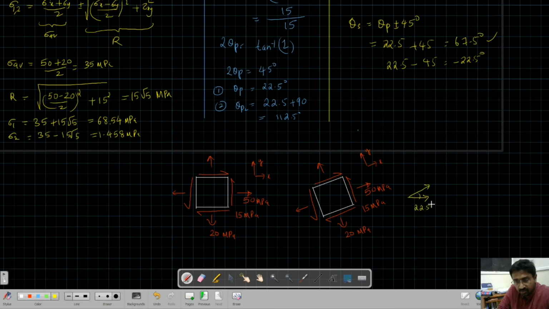This orientation is the orientation for the maximum principal stresses. I will remove the shear because in the principal plane there will be no shear.